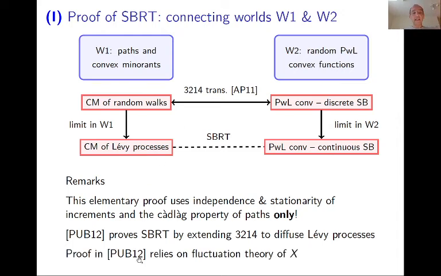That proof relies on a result from fluctuation theory, Rogozin's result, which states that a trajectory of a process that has infinite variation cannot stay in a cone, basically. Our approach doesn't require anything of that complexity. In fact, our theorem implies Rogozin's theorem. The SBRT implies Rogozin's theorem.